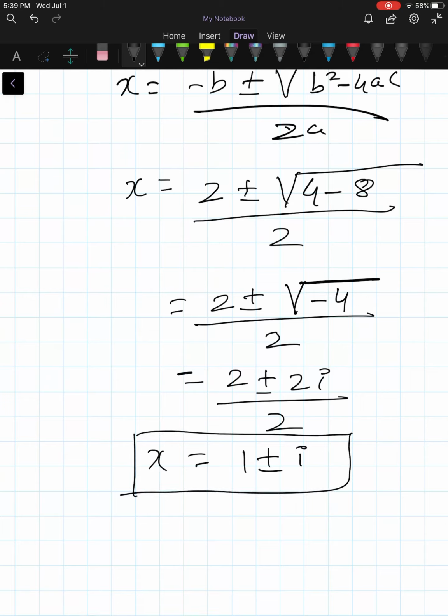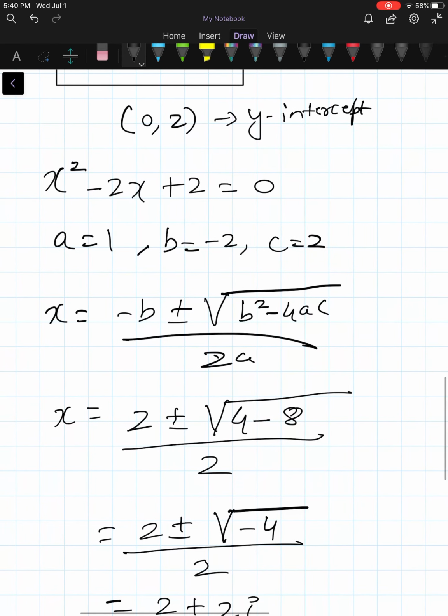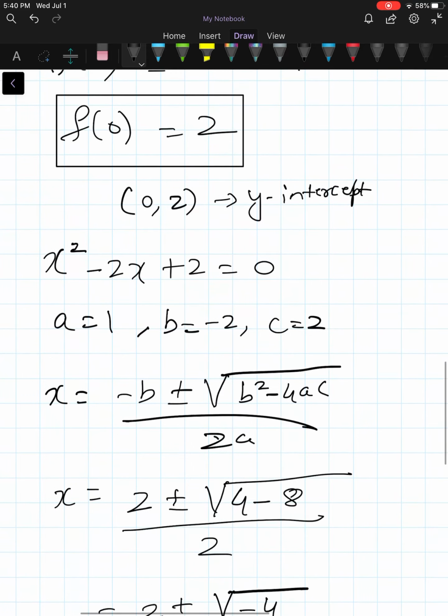So this is the x intercept of f. Also, it asks you to find the domain and range of f. So what is the domain and range of f?